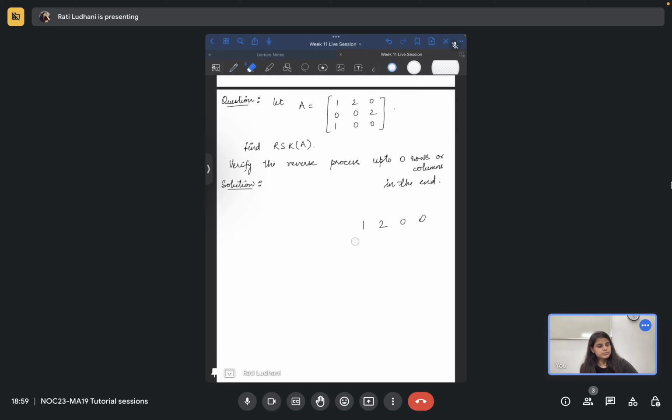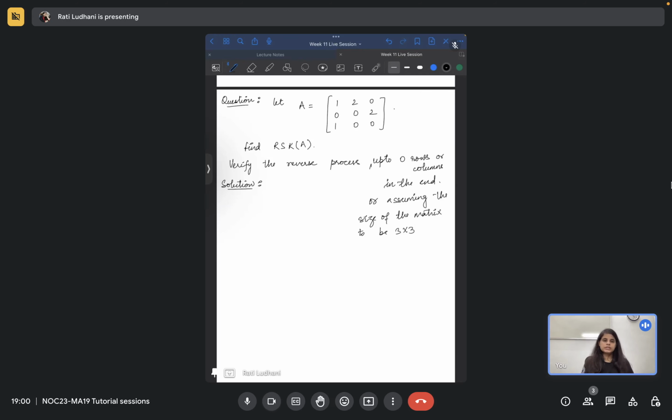So for example, a reverse process, assuming the size of the matrix to be 3 cross 3.